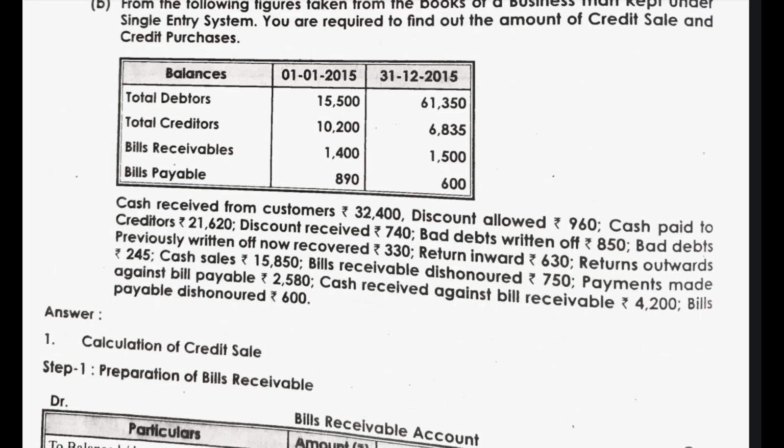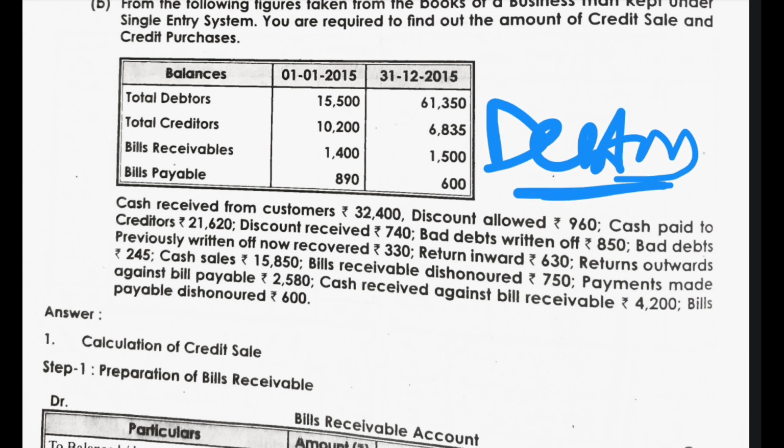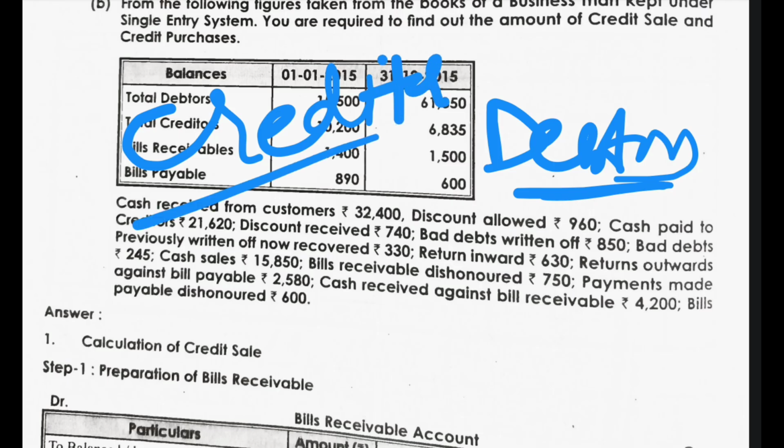First you should know that debtors we take on the asset side, and creditors we take on the liability side. Total debtors are related to when we sold the goods on credit. When we purchase the goods on credit, it is related to the creditors. Cash received from customer is related to the debtors.